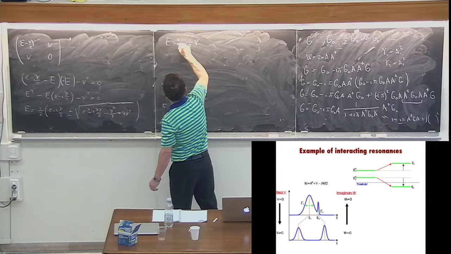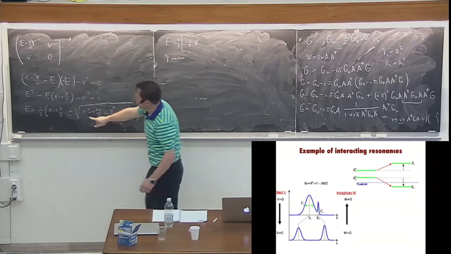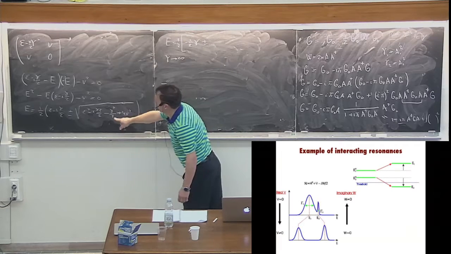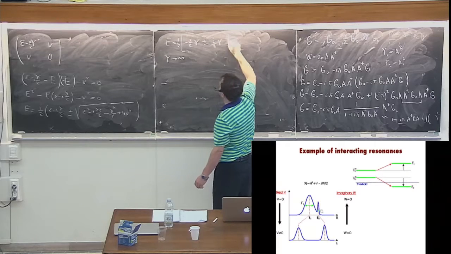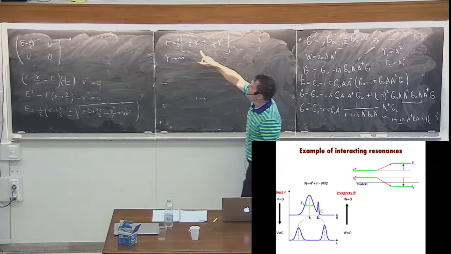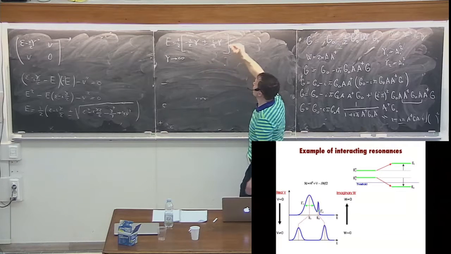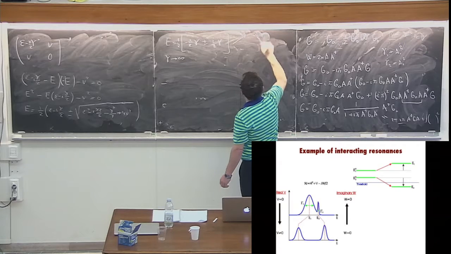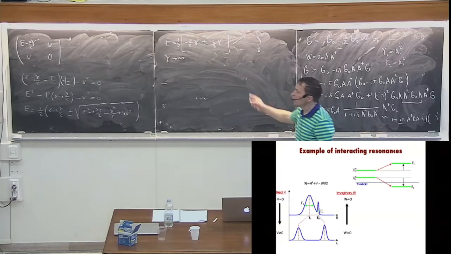So this is for the gamma goes to infinity limit. Then plus or minus the square root of this term, which is again i over 2 gamma. You see, one energy with the minus sign will have the full gamma over 2, and the other width will be 0. So I'll have two states: one with width i over 2 gamma, and the other with width 0. Okay, so that's one thing.